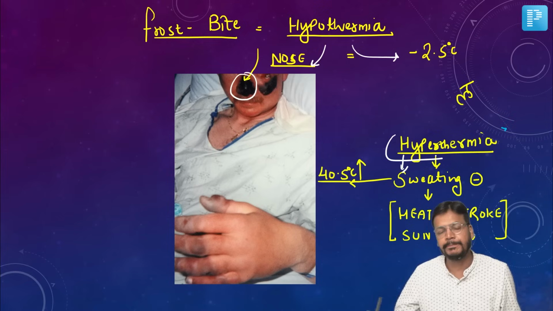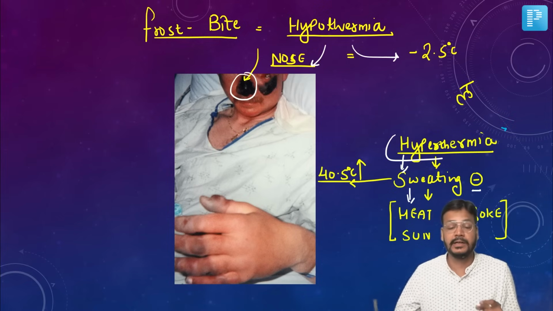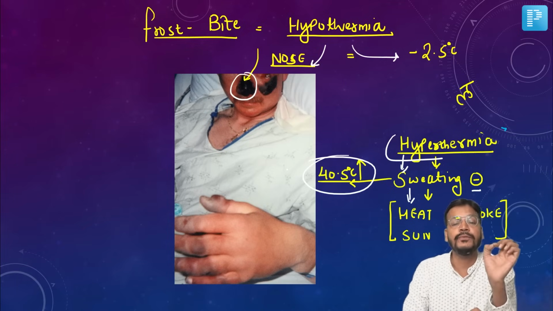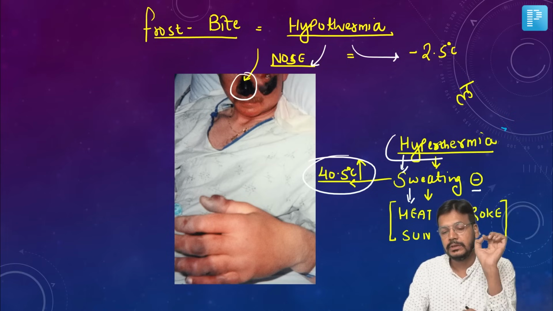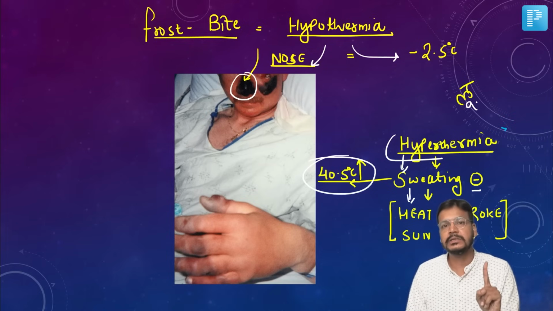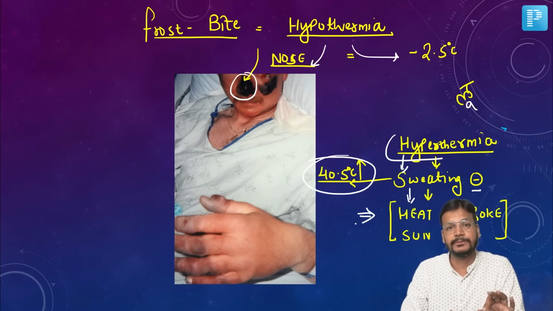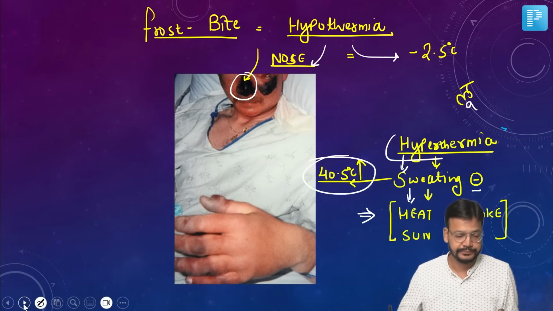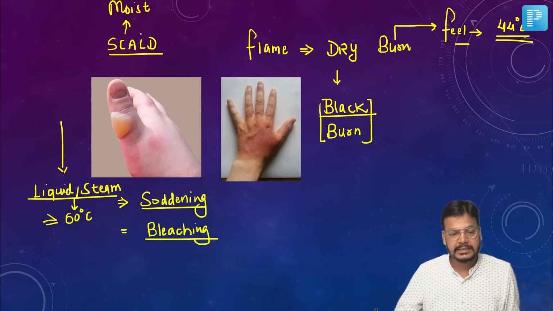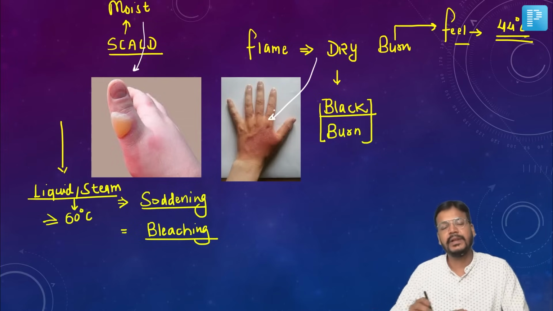But if it is hyperthermia, in which sweating becomes absent when the temperature goes beyond 40.5 degrees centigrade, this condition is heat stroke, sunstroke, and in our language it is known as lu lagna. So, Doctor, if you get a question in which hyperthermia sweating is absent, it is heat stroke or sunstroke.